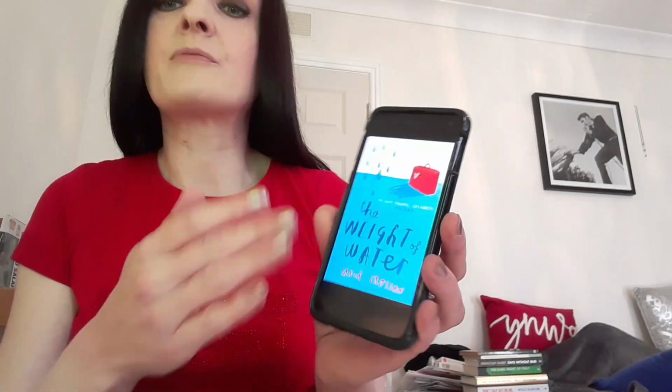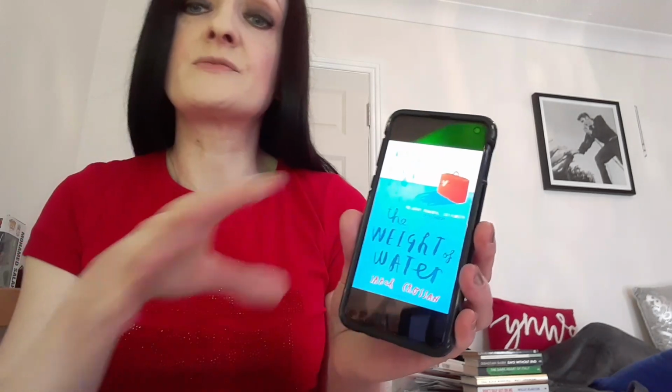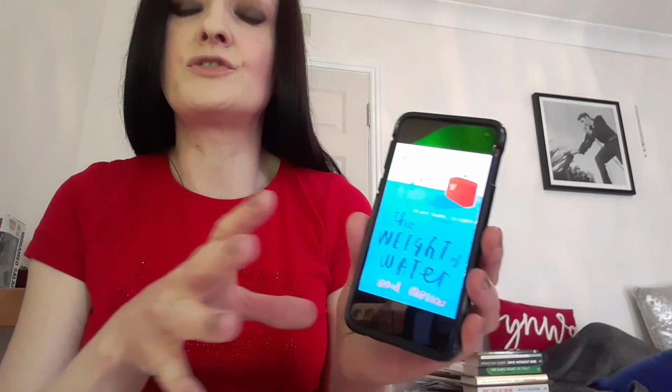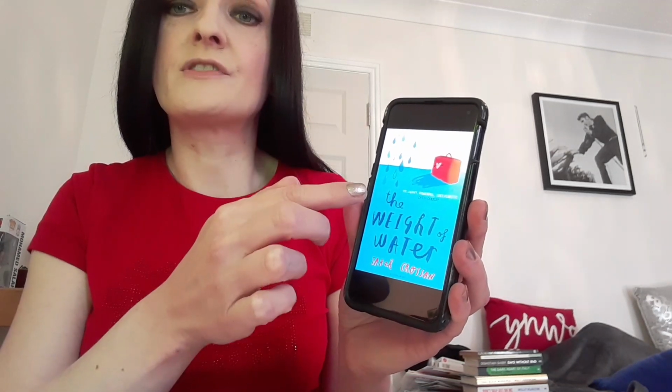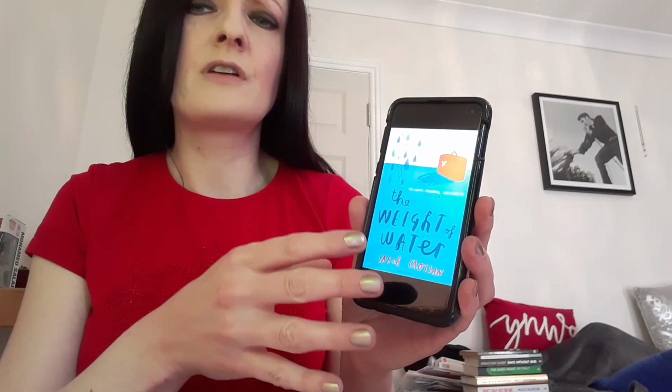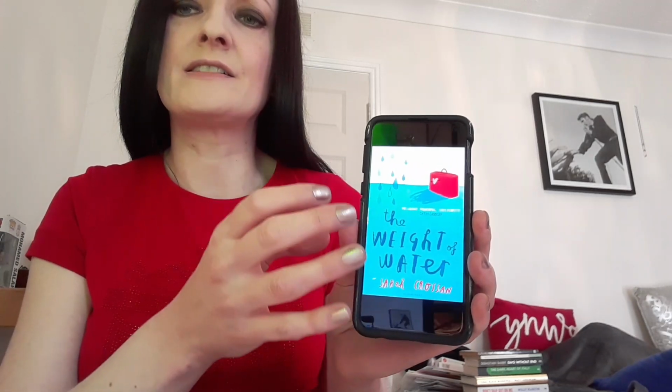So the blue represents, perhaps, the water of a swimming pool, or it could represent the ocean or the sea. And we notice the drops or droplets here. So this could, of course, indicate rain, but does it also indicate maybe the idea of tears and sadness as well?